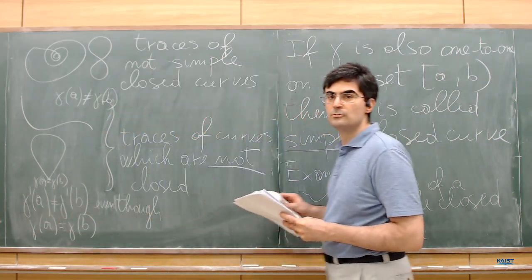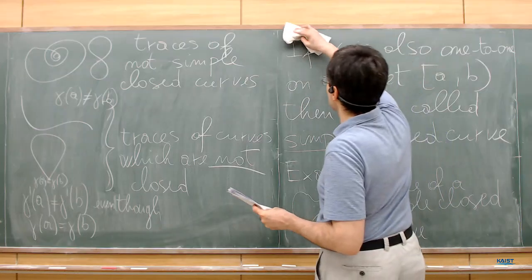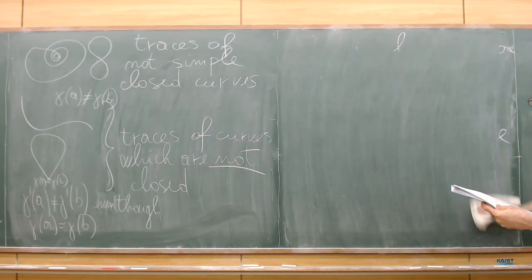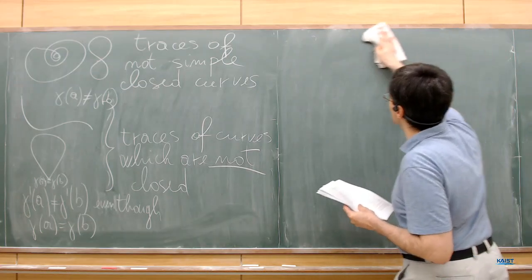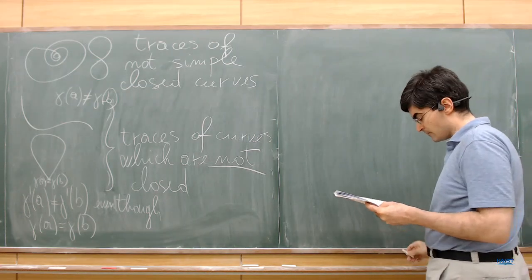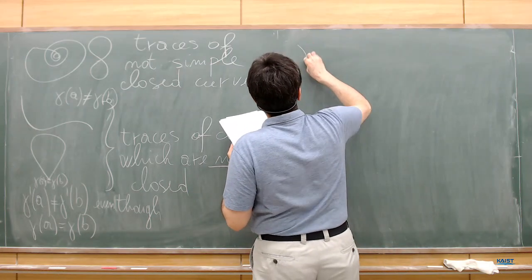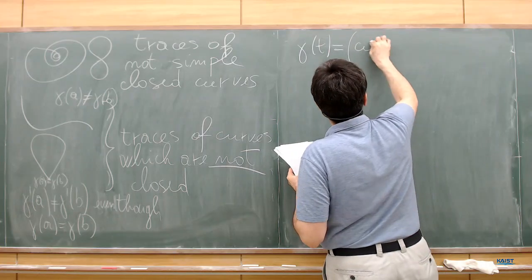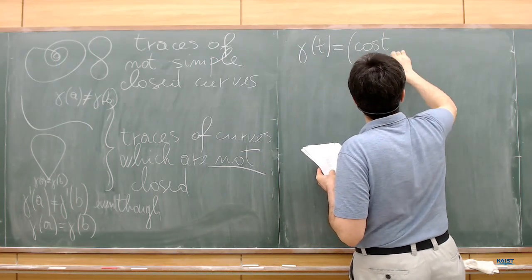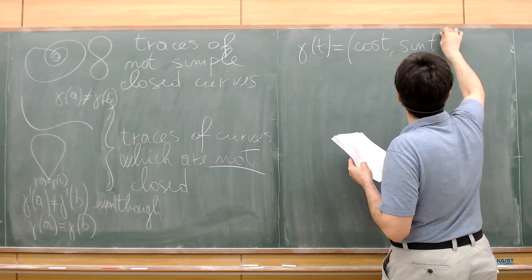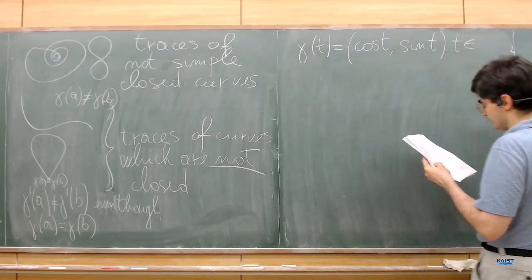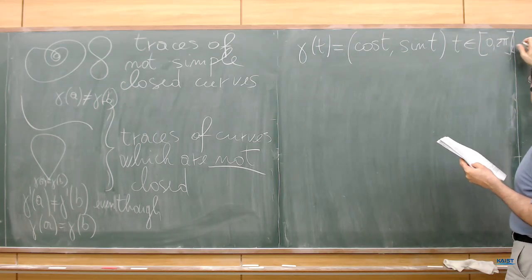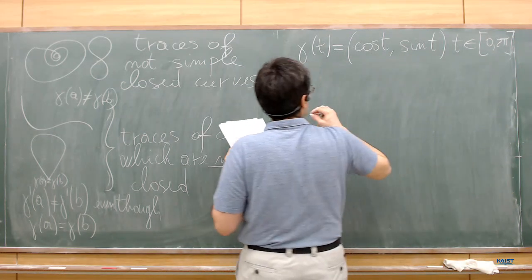I would like to present an explicit example giving the formula for gamma. For example, gamma t equal cosinus of t, sinus of t with t in [0, pi] is clearly a closed curve, which is also simple.